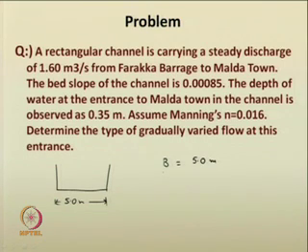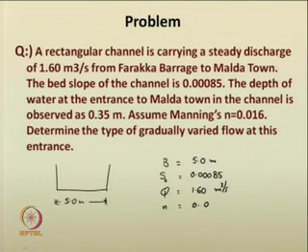Its bed slope is given as S0 is equal to 0.00085. The steady discharge is 1.6 meter cube per second. Manning's roughness coefficient is given as 0.016. So, you have to determine the type of gradually varied flow.